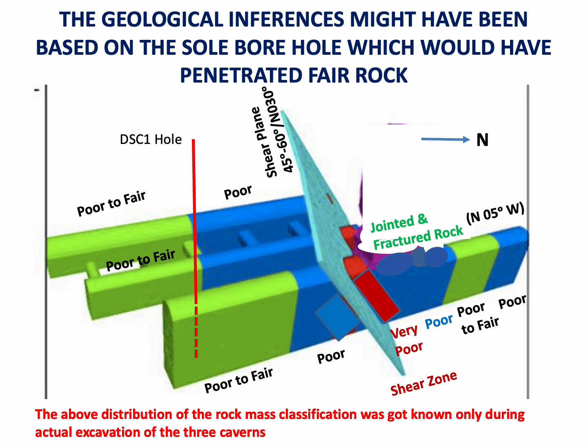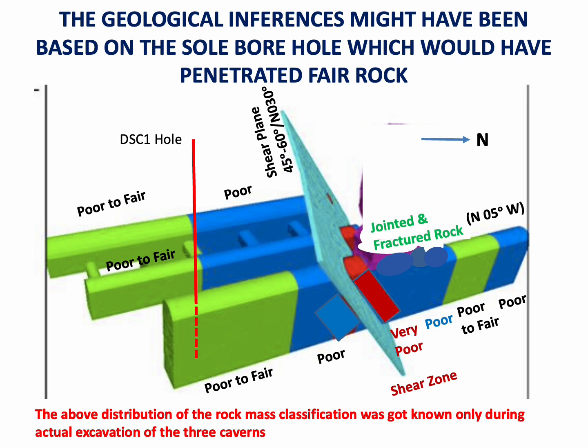These rock classifications remained undetected. The shear zone of 45 to 60 degree dip with a north 30 degree orientation was missed. This very poor rock mass following the shear zone was missed. This rock mass which was jointed and fractured was missed.